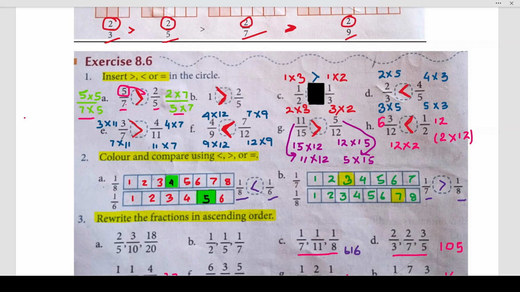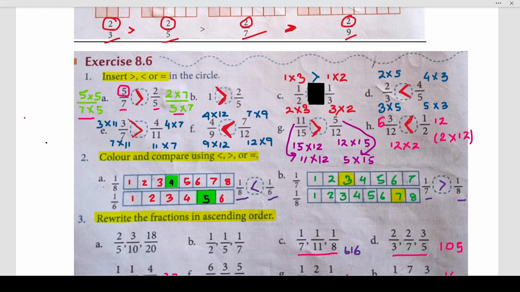So this becomes 25 by 35. Now see, 7 and 5 both have to be made the same.